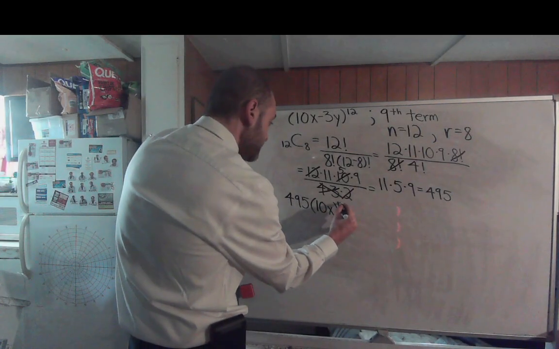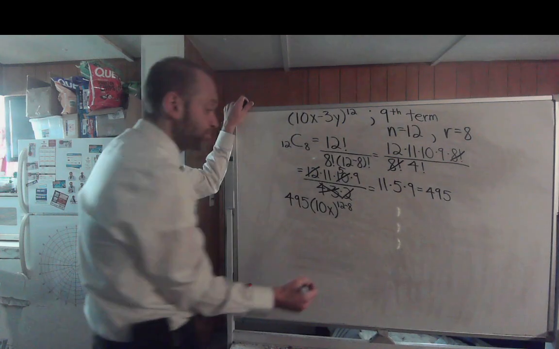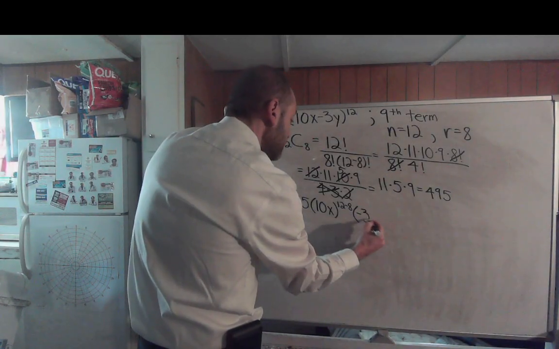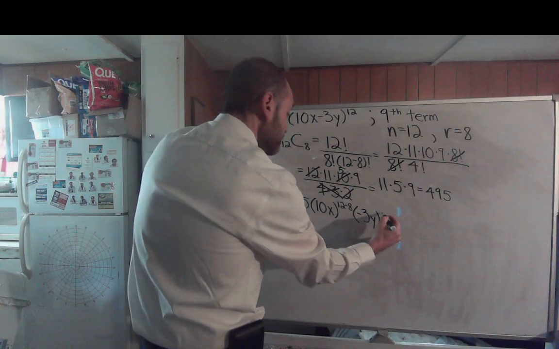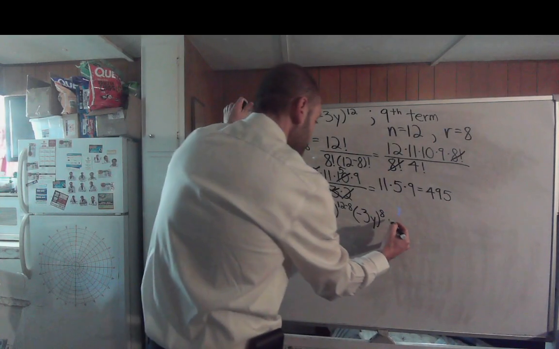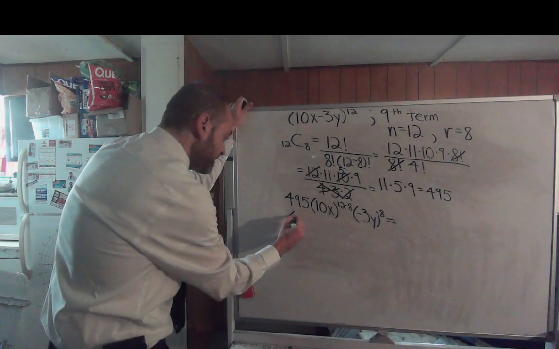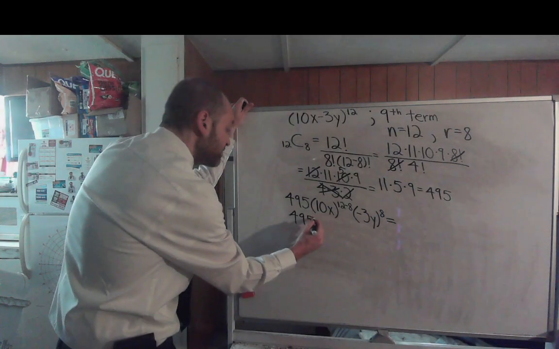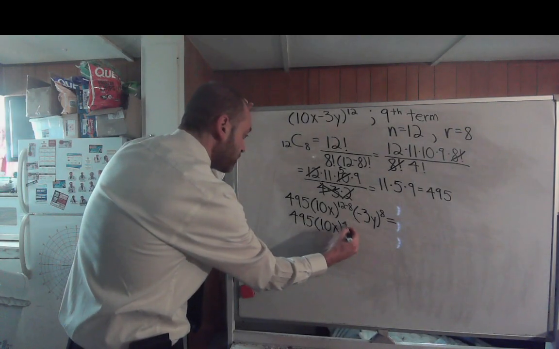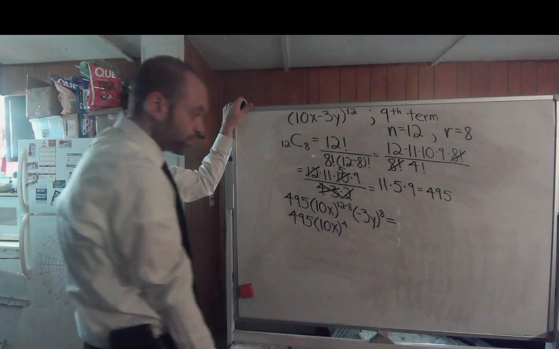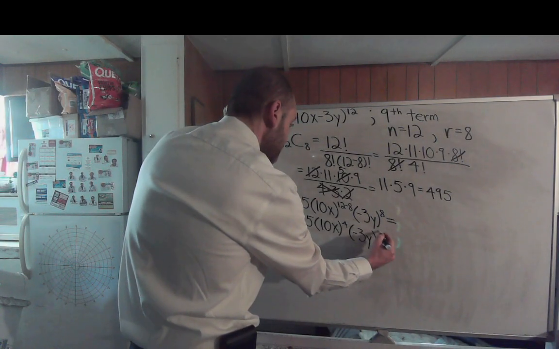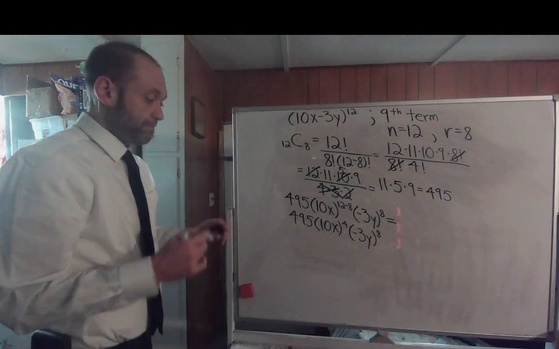In this case, that would be 12 minus 8 power, times my second term, that negative 3y, raised to the r power, which in this case is 8. So this is going to simplify into 495 times the quantity of 10x raised to the 4th power times that negative 3y raised to the 8th power.